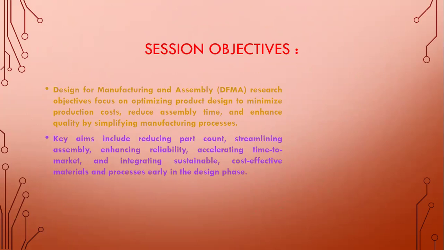So here the research objectives primarily focus on optimizing standard product design by minimizing the production cost, reducing the number of the part count, simplifying the assembly time, and enhancing the final product quality by simplifying the manufacturing process.